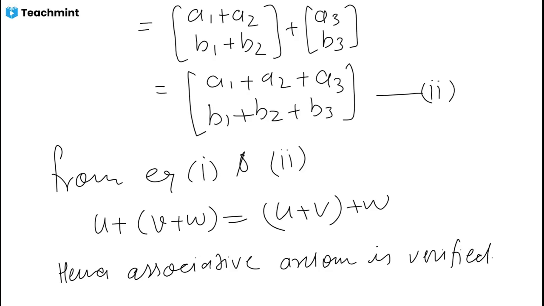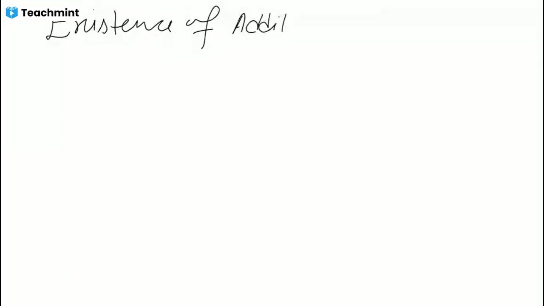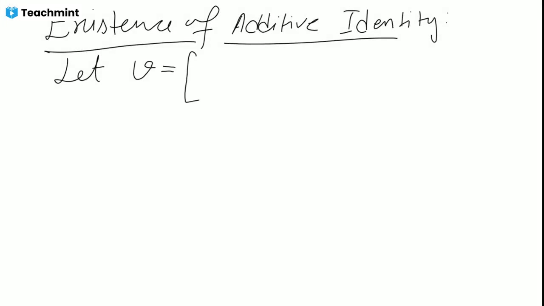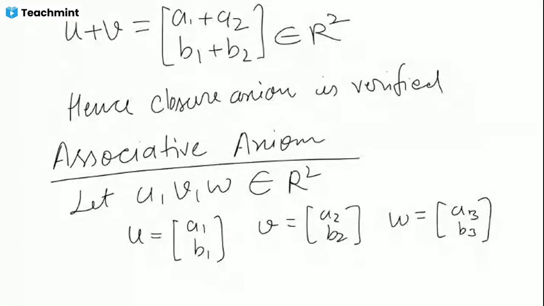Next, existence of additive identity. Let an element V having components A, B belong to R2.